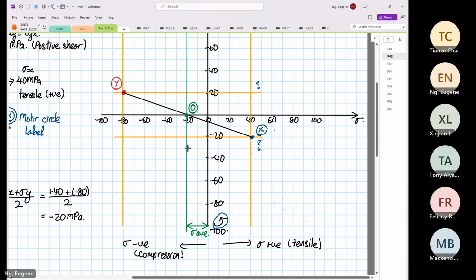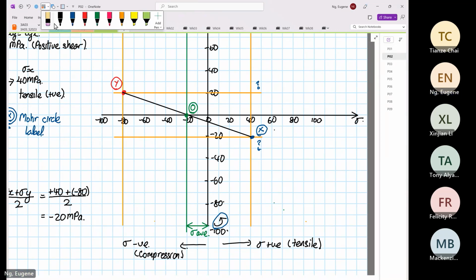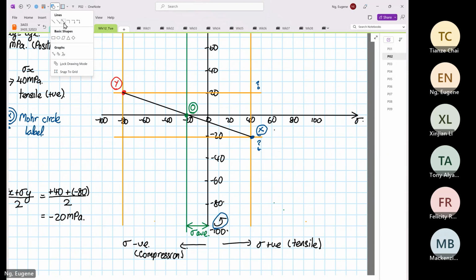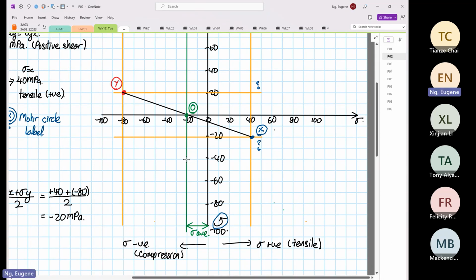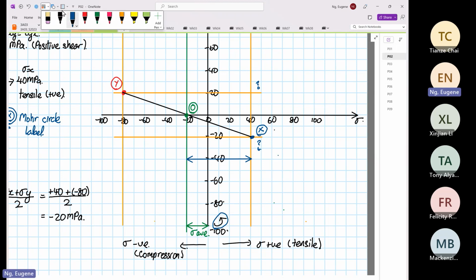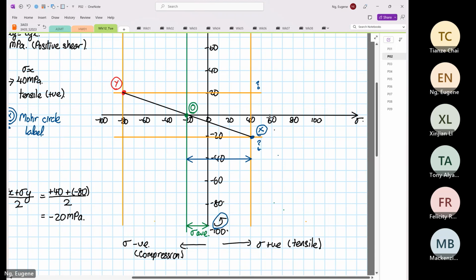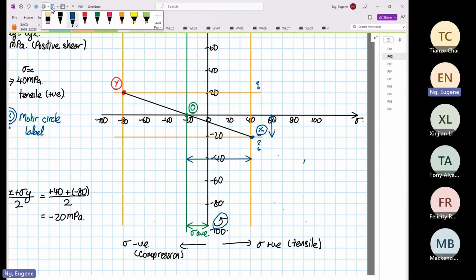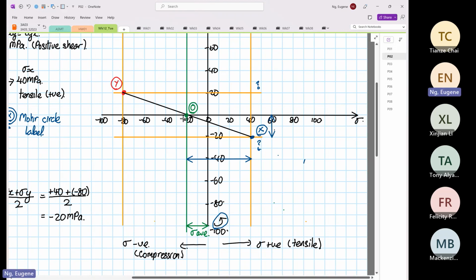So we need to know this distance, the distance from the stress average here, because that's the center of the circle, and then we need to know this distance over here. Why we need that distance is because we are trying to determine the radius of the circle.